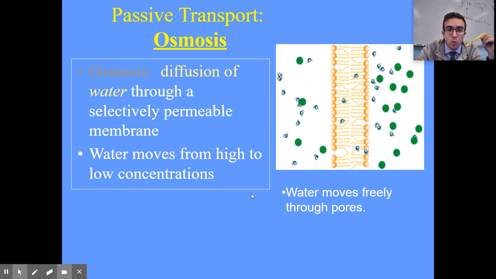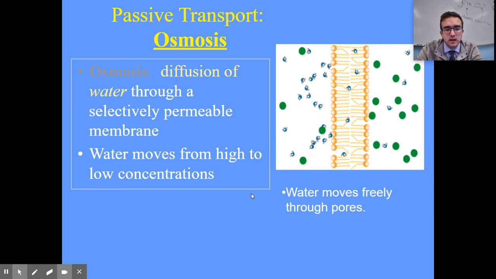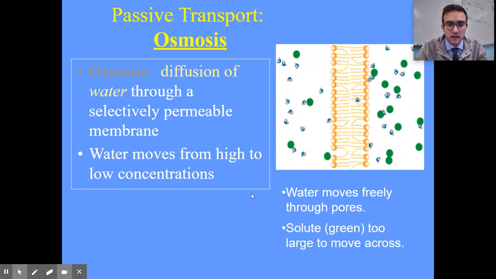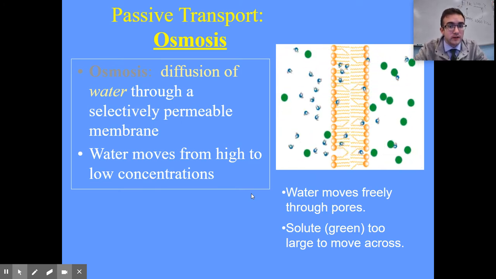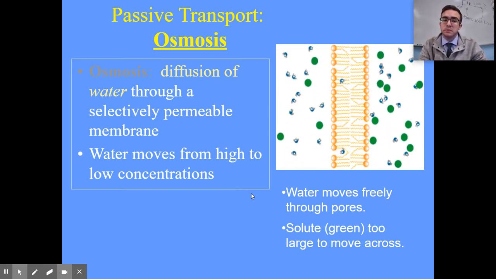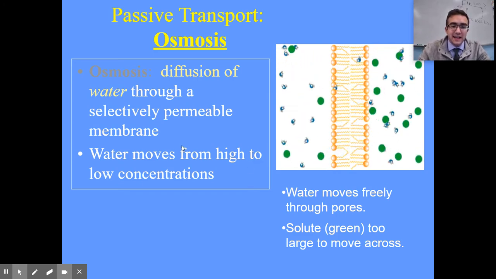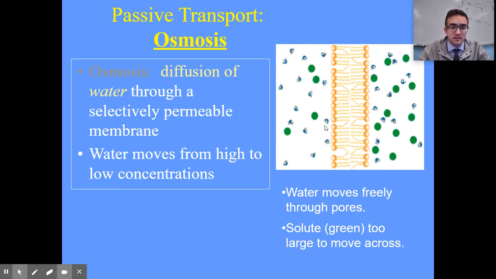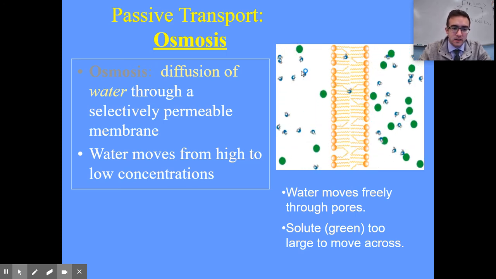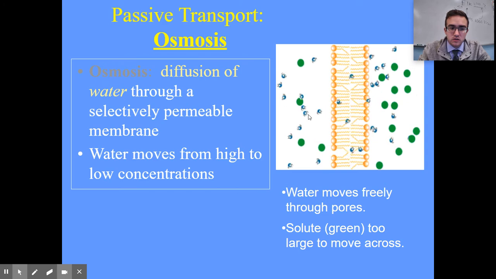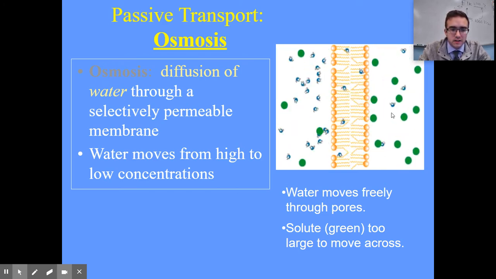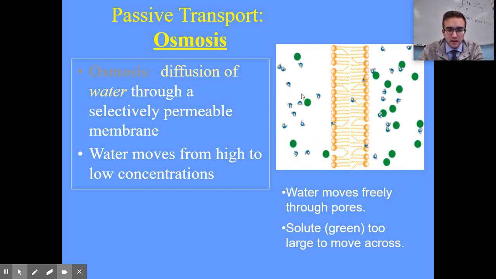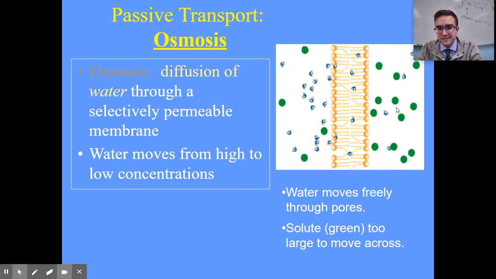Why water moves is because the solutes, these green things, are too big for them to fit through the cell or even through a transport protein. They're too big. So instead, to help balance it out, instead of trying to figure out some way to make these green molecules move across, well, let's just take most of the water on the left side and push it to the right side.